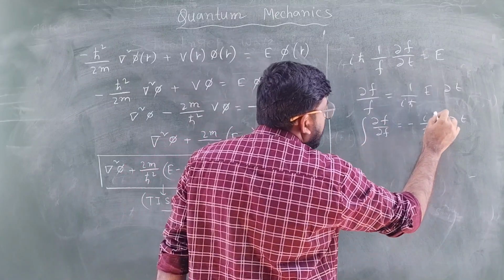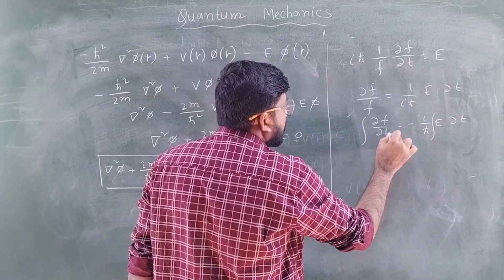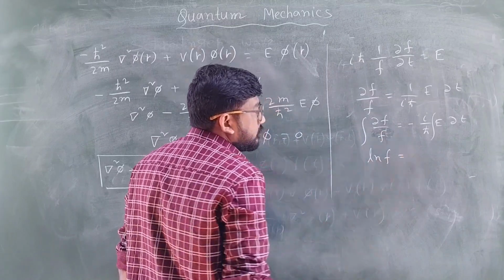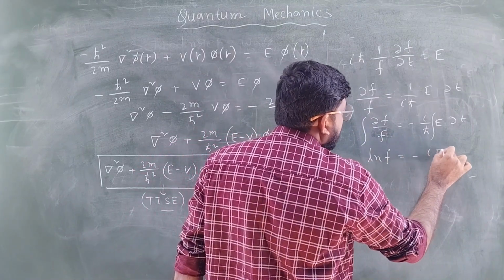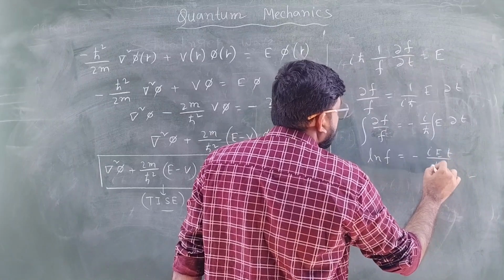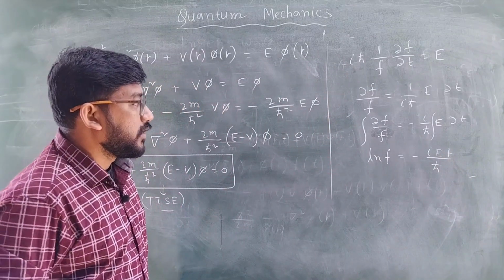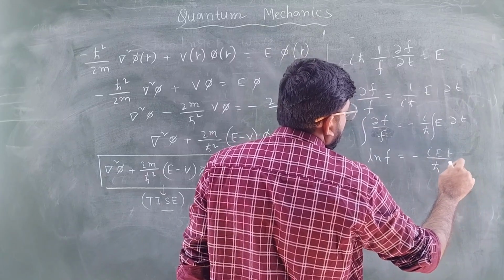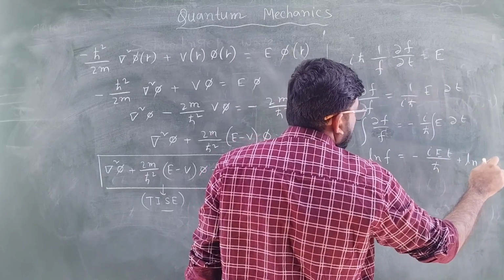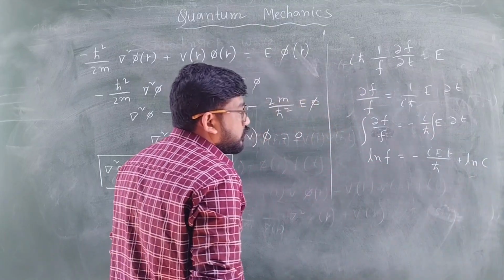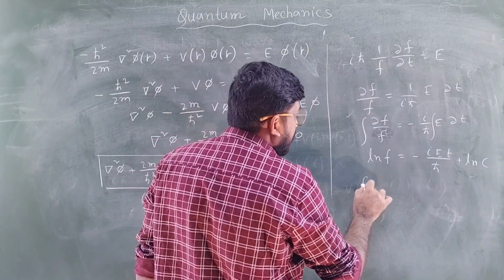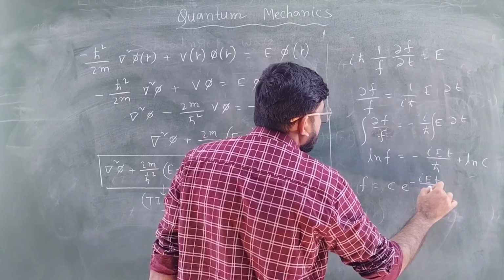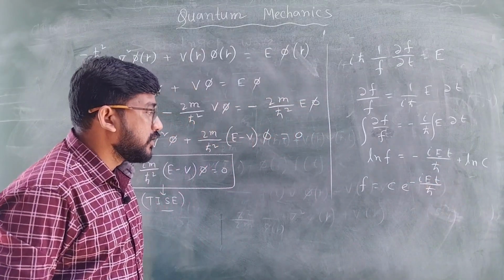Now if you integrate this equation, you will get ln f equal to minus iEt upon ħ. And if you take another constant here, suppose plus ln c, you will get f equal to c e to the power minus iEt upon ħ.